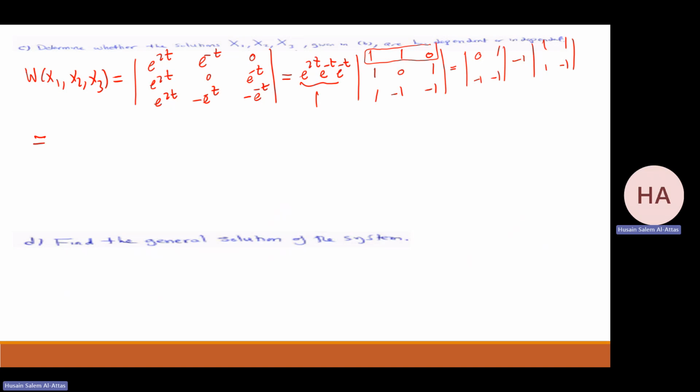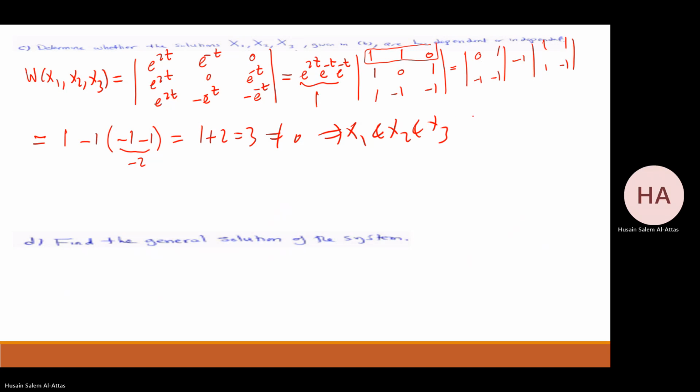Minus 1, minus 1, plus 1, that gives me 0. Okay, what is minus 1? I have 0, minus 1, that will be 1. Minus 1 times minus 1, minus 1. So that will be 1. This is minus 2. 1 plus 2, which is 3, not equal to 0. So these are linearly independent.